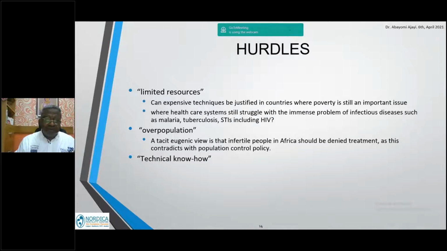Most of our healthcare systems are struggling with the problems of malaria, tuberculosis, and STIs, including HIV. And of course, there is this unspoken tacit view that infertile people probably should not be encouraged to have treatment in Africa because we think that Africa is overpopulated. And of course, the one other glaring problem is the technical know-how.